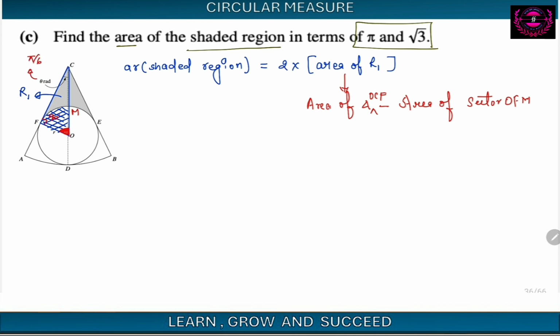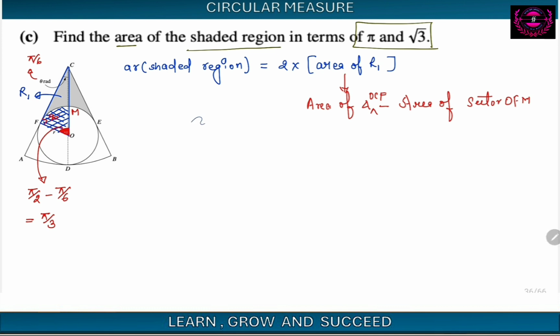So using triangle property, this theta becomes 90 minus, or you can say pi by 2 minus, because we are finding in radians. So this is pi by 2 minus pi by 6, which is basically pi by 3. So this angle is pi by 3.